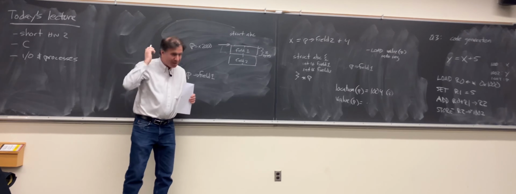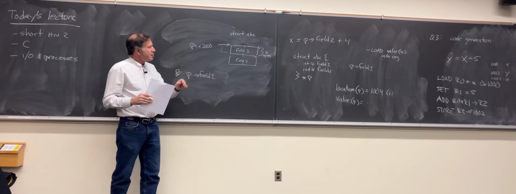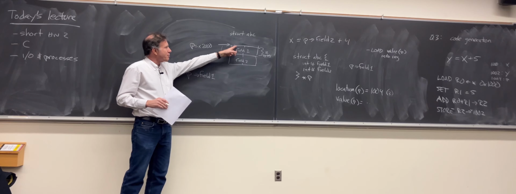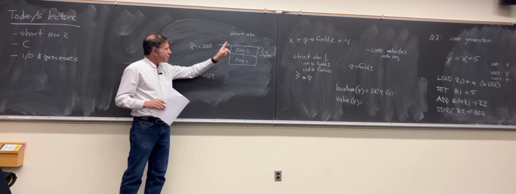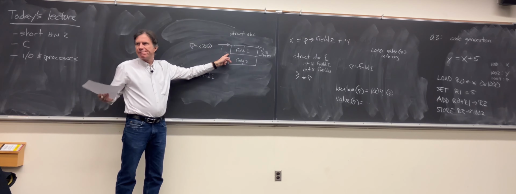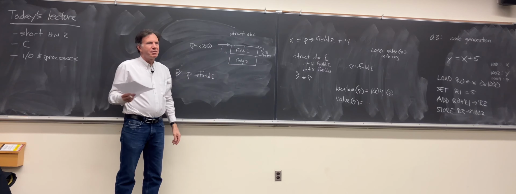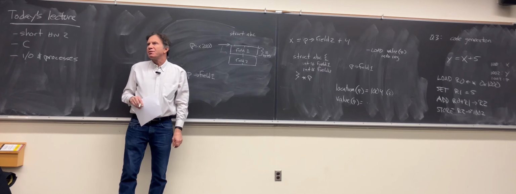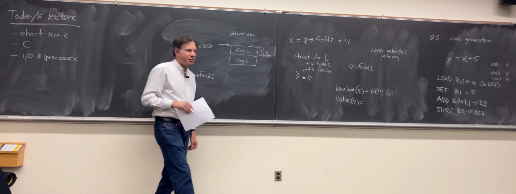But at the level of the CPU, these are just addresses. And so the address of field 1 is going to be 2000, and the address of field 2 is going to be what? Anyone? Yes? Exactly, 2002.